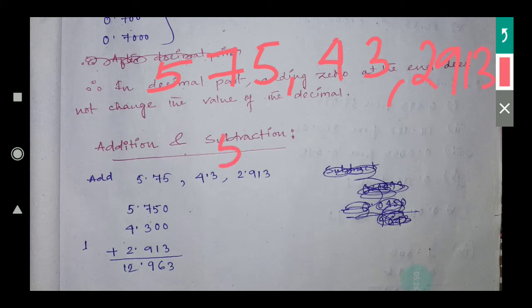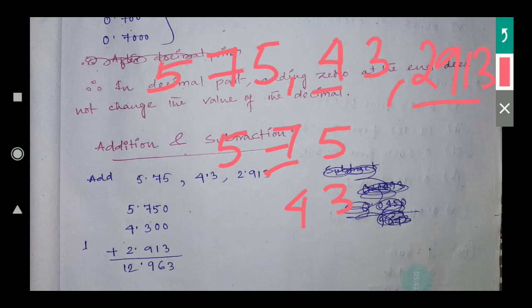You will write 575 and 43, and below the ones digit you will write the unit digit, and below the 7 you will write the tens place, because 7 is in the tens place. Like this you will add, and also 2913.